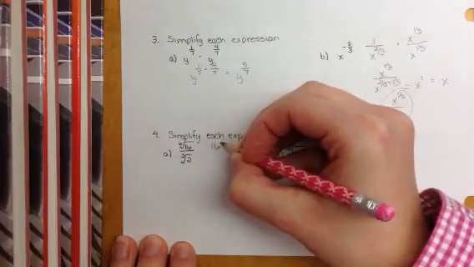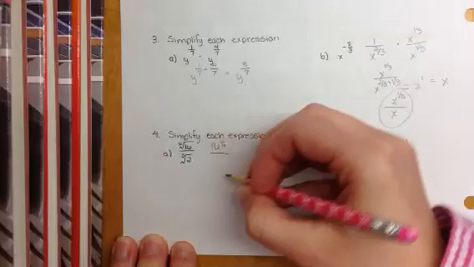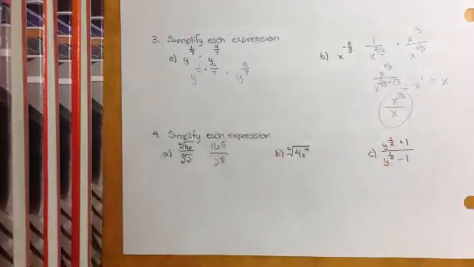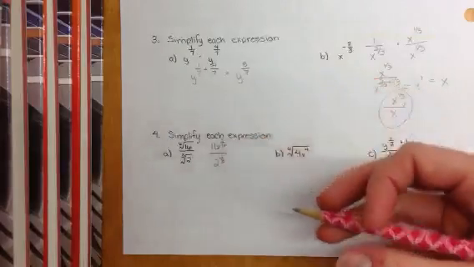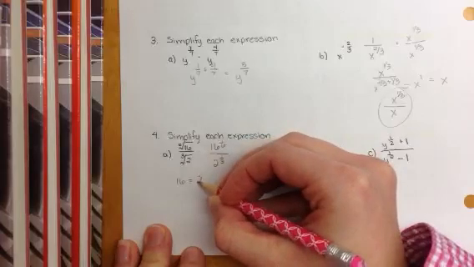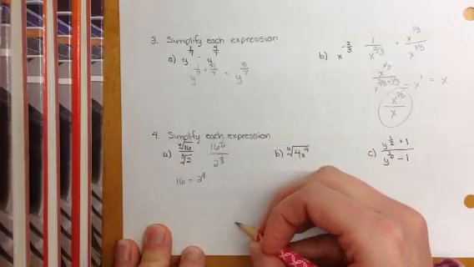I have 16 to the 1/6 over 2 to the 1/3, and now we're going to see if I can put 16 in the same form as the bottom into a 2. So 16 is equal to 2 to the 4th power.